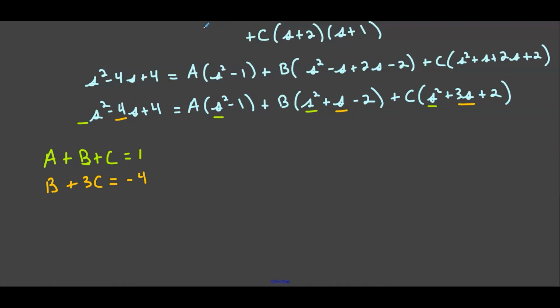And now the constant terms, these have to be equal to 4. So I've got -a minus 2b plus 2c equals 4. So I have a system of 3 equations with 3 variables.